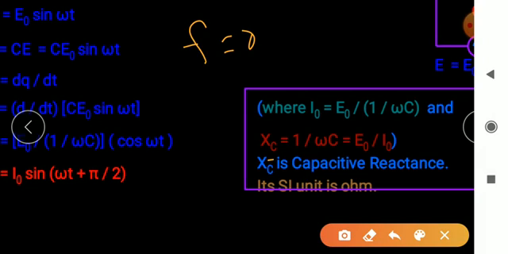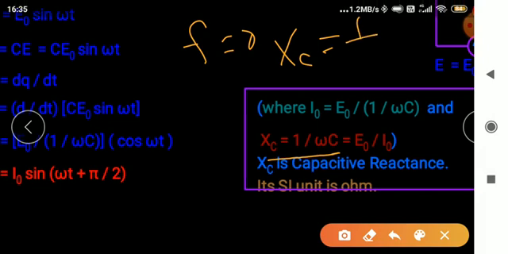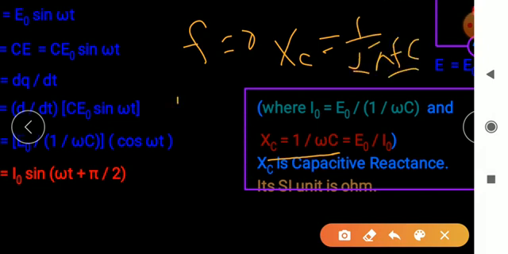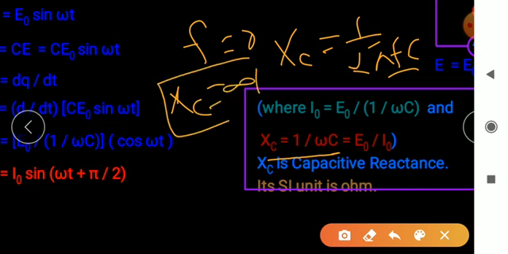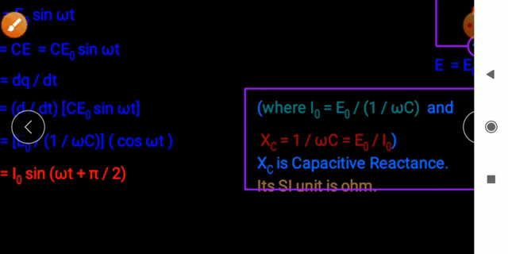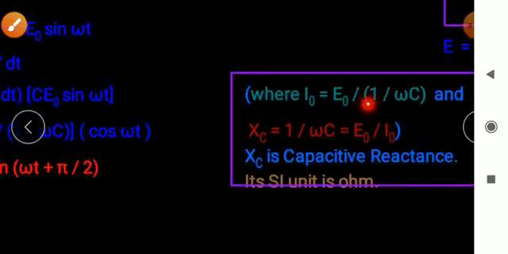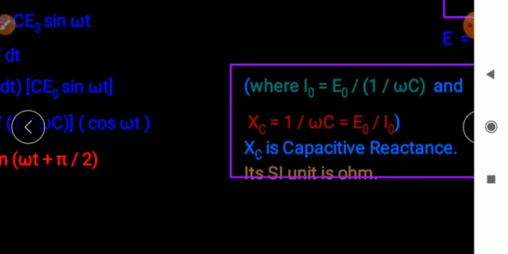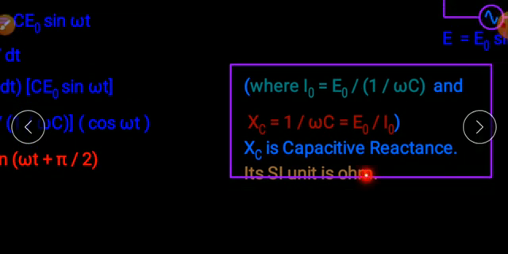So from this equation, Xc is 1 upon 2 pi F C. F is 0, so Xc is infinity. That means a condenser will block DC. And the SI unit of capacitive reactance is ohm.